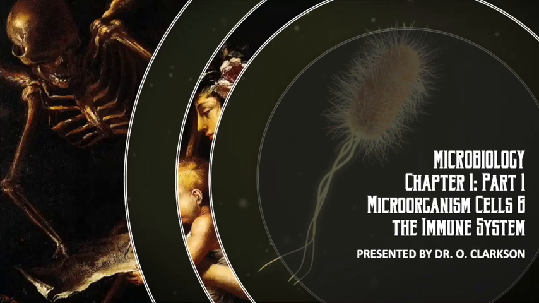That pilus is able to reach out to a donor, the recipient, and then the recipient is able to receive that plasmid DNA that can confer things like antibiotic resistance. So those are going to be very important. But just keep in mind that there are 2 major components of the DNA in a prokaryote: the nucleoid as well as the plasmids. And then you're going to find ribosomes, right?